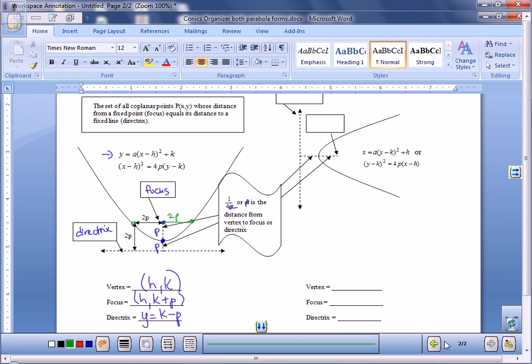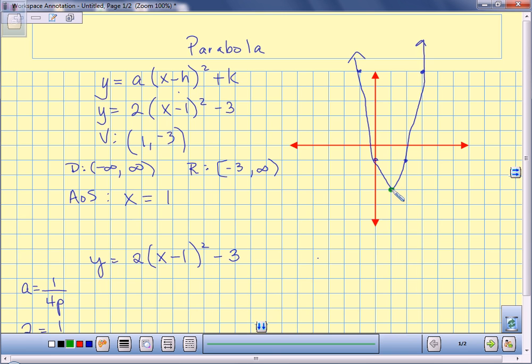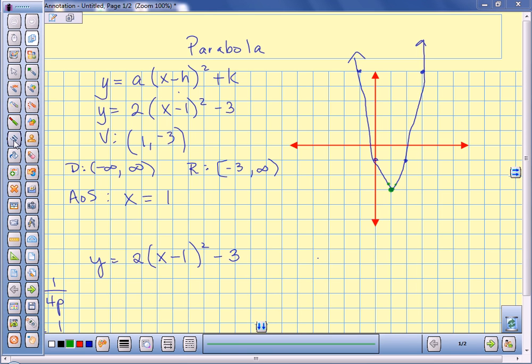If we went up 1/8, we would go over 1/4 in each direction. Now this one, isn't it easy to do? But I'm going to give you some examples in just a minute that help you to see this a lot more clearly. All right, and then we would go down 1/8, P, to draw in our directrix. So real close, but about right there.